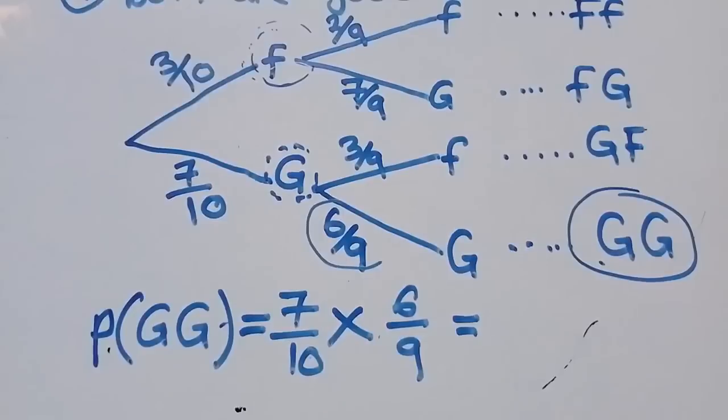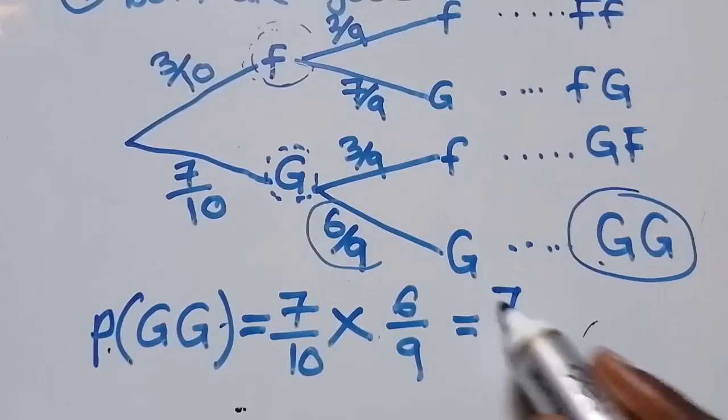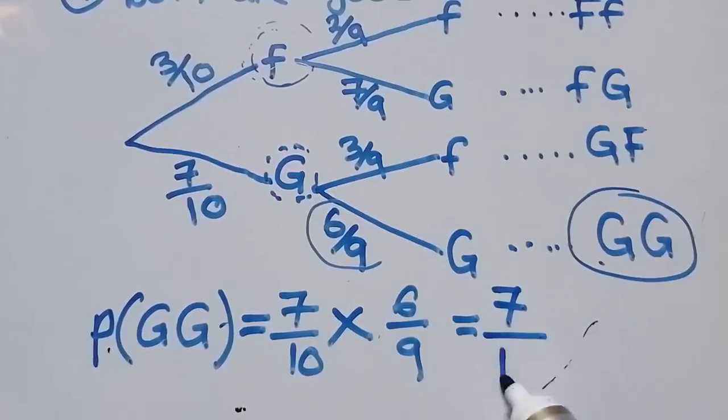You say 7 over 10 times 6 over 9. You are going to get 7 over 15. This is what your answer will be.